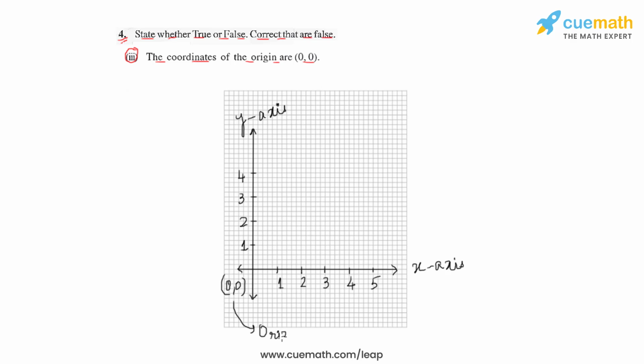Hence, to answer this part of the question, we can say that this statement is true. So this is how we will answer and judge whether those statements are true or false, and this is how we are going to answer the fourth question of this exercise.